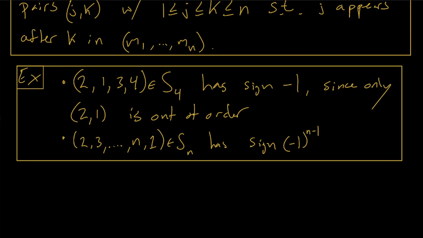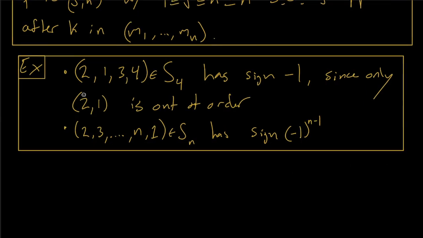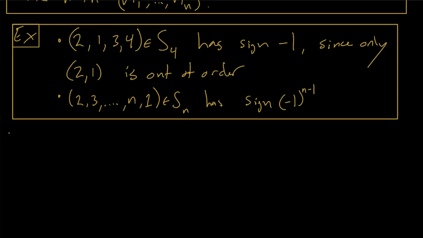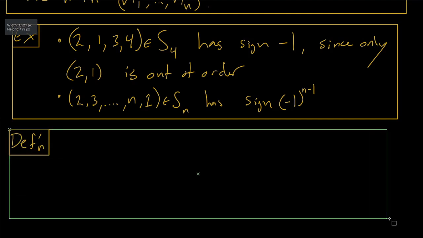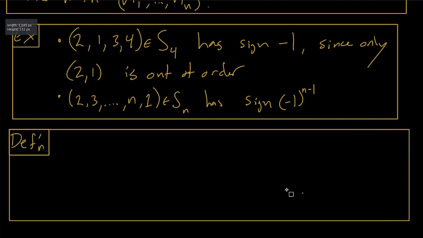All right, so here's the idea. I'm going to make a definition for something that I will call the determinant. But I'll put quotes around it since we won't be sure until later on that this is indeed actually the determinant that you're used to. So, suppose A is an n by n matrix.